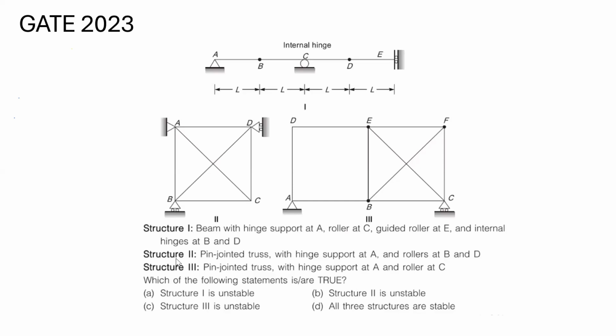That's why we make the structure into triangular subfigures. If you see, ABED is a simple square structure, and definitely it will create instability in the total structure. So the third is also unstable.